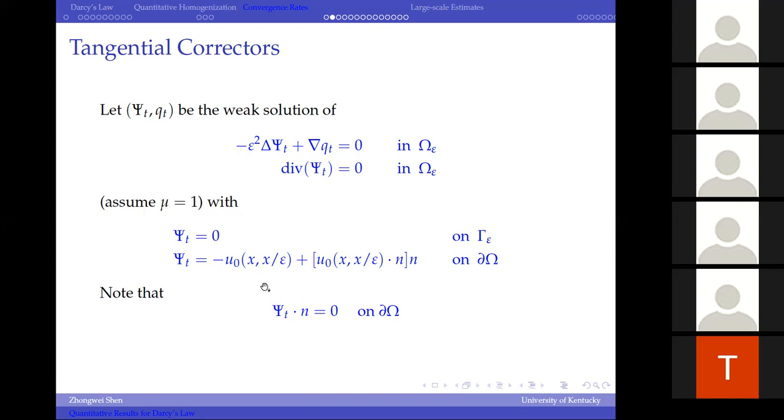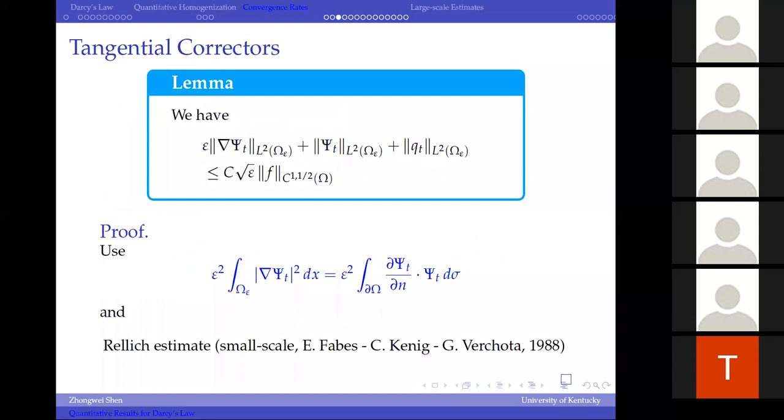That will just be u_0(x/epsilon) minus its normal part, and therefore this data has the normal vector vanishing on the boundary. Okay, this part is actually fairly easy, so we can prove this lemma. You look at the L2 norm of the corrector, or epsilon times the L2 norm of the gradient. These two terms are of the same order.